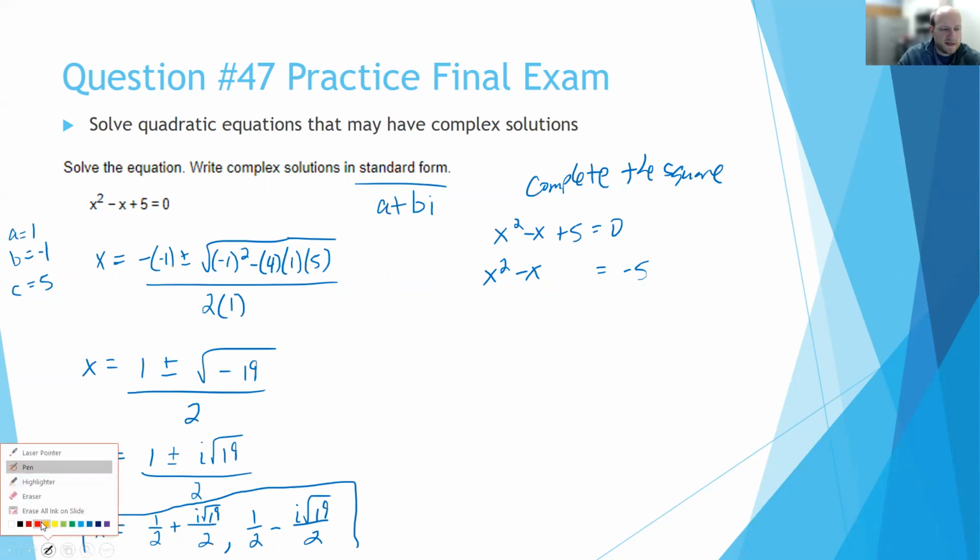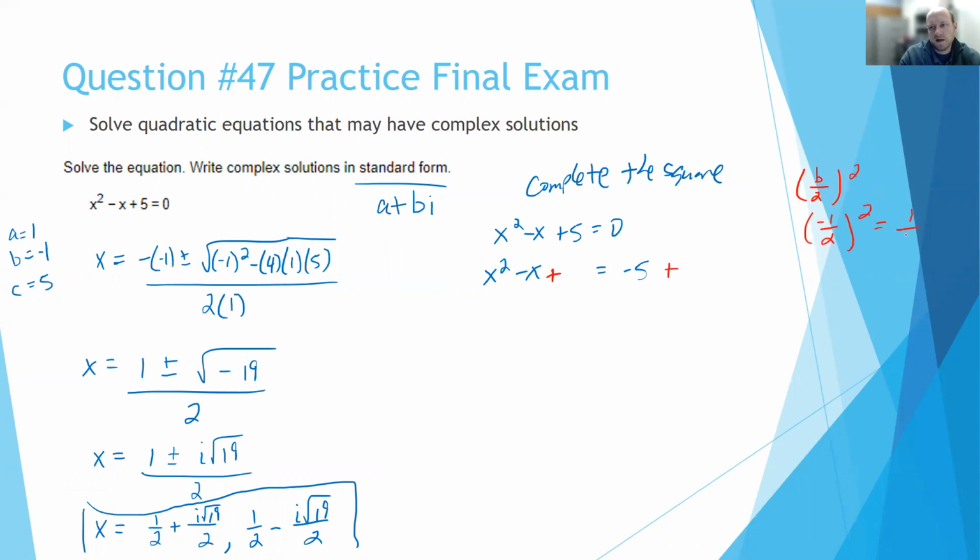Okay, we remember that I needed to add in something here and here. Well, what is that something? And we remember from completing the square that that something is b over 2 squared. Well, what is the b value here? The b value is -1. So it's -1/2 squared, which is a 1/4.